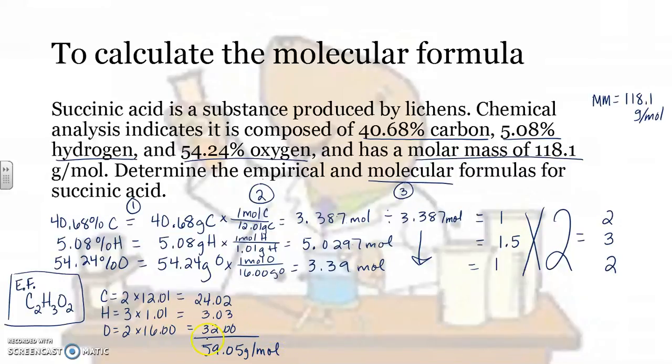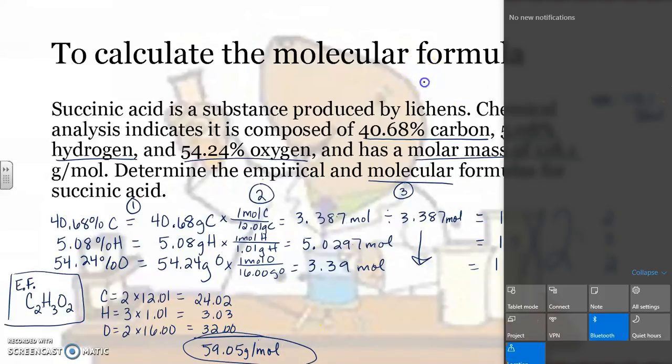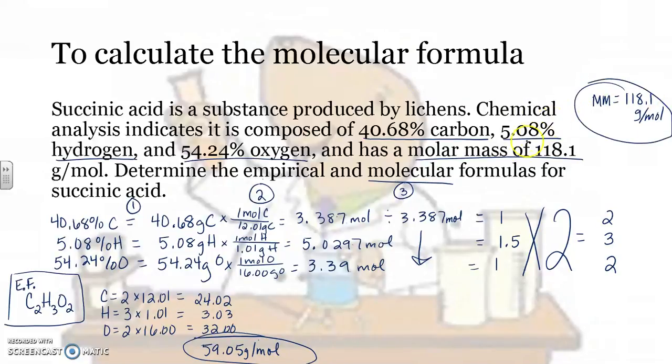Okay, so we're going to use this number here. Let me circle it. This number here, and the number that was given to us in the problem. We're going to divide the molar mass by the empirical formula's mass. So 118.1 divided by 59.05, and our units cancel.